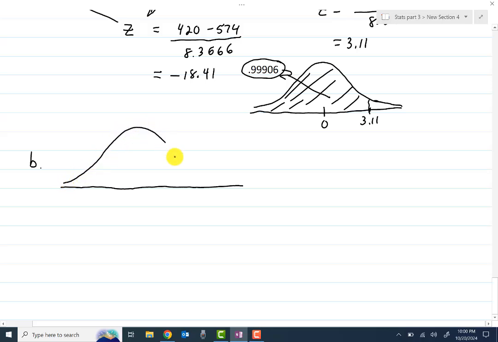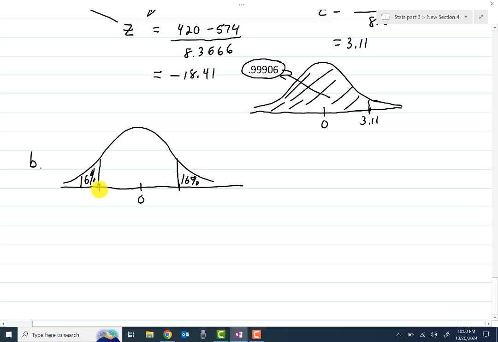So when we have this, here's what we're looking for. Here's 0. We want a spot here, and I don't know what it'll be, it's a z value. And over here is a z value. What we want is 16% here, and we also want 16% here.